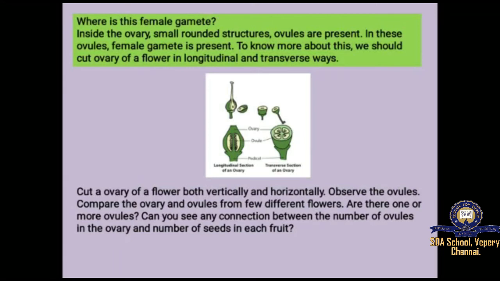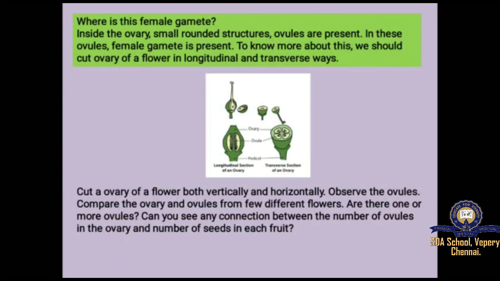To know more about this, we should cut the ovary of a flower in longitudinal and transverse ways. So, in the bottom part of the flower, we can see the ovary, and inside it ovules are present, right?